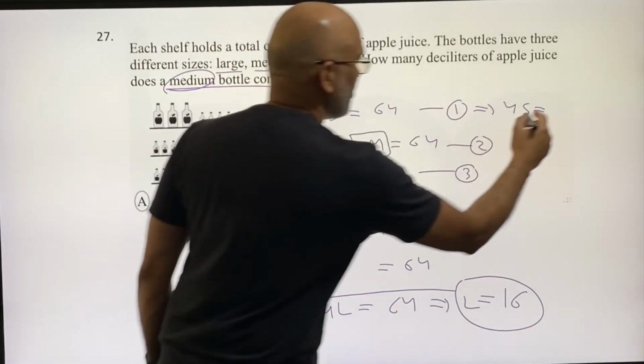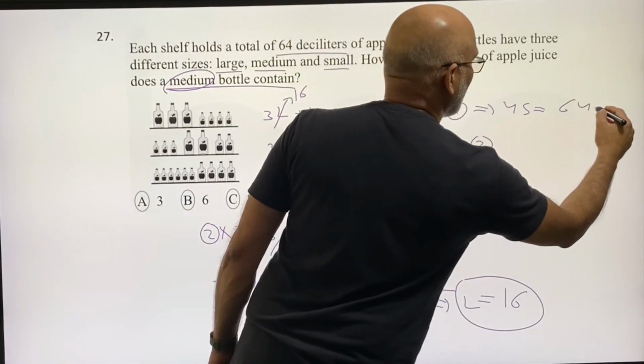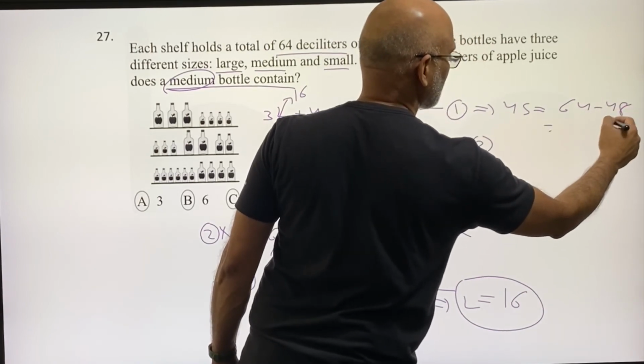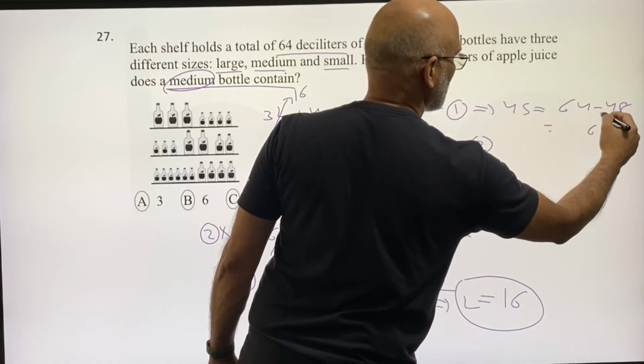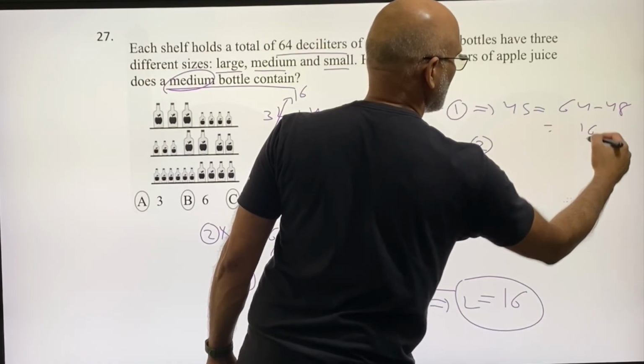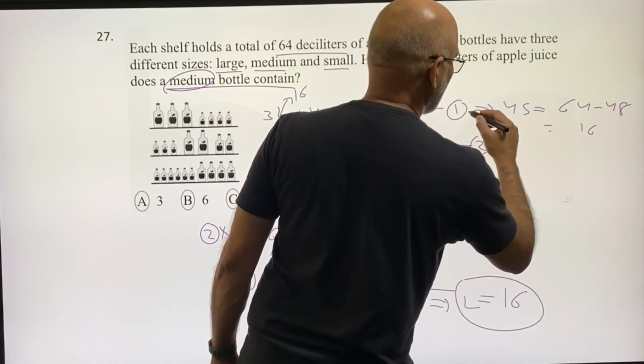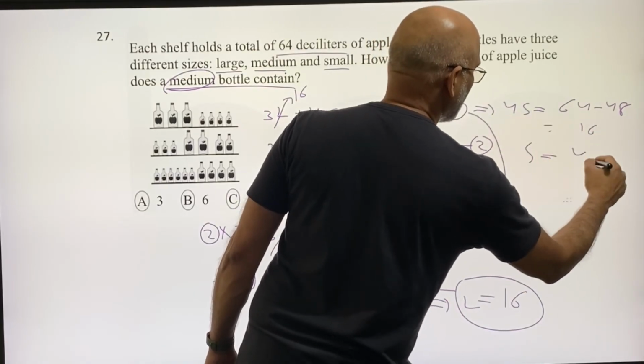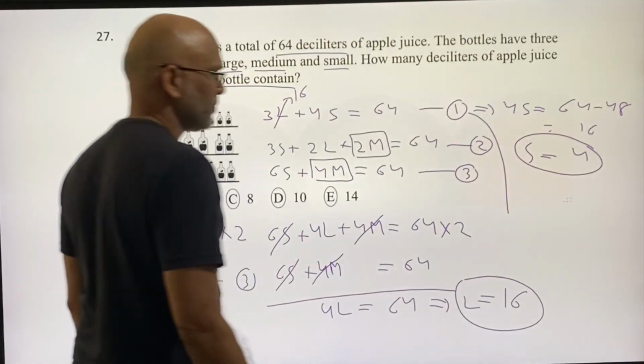So 64 minus 48. This is going to be 16. Then S is going to be 16 by 4 is 4. Okay.